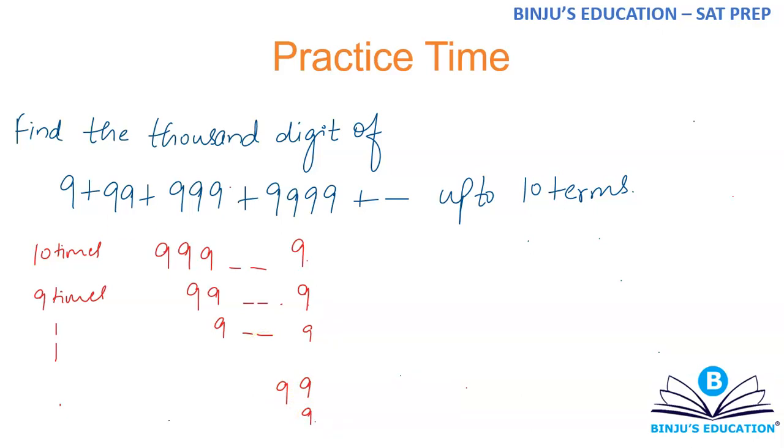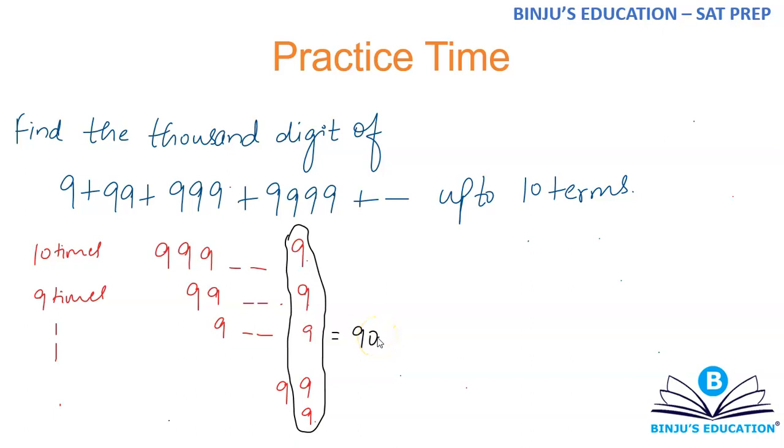Now observe carefully. If you talk about the unit digit, you basically have 9 ten times. If you add them up, it's simply 9 into 10, which is equal to 90.